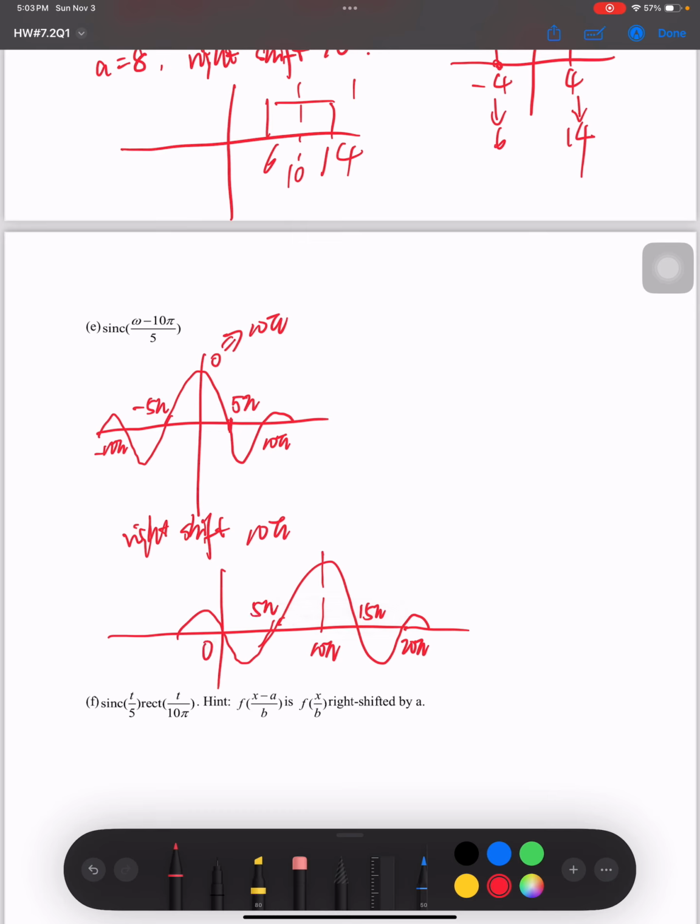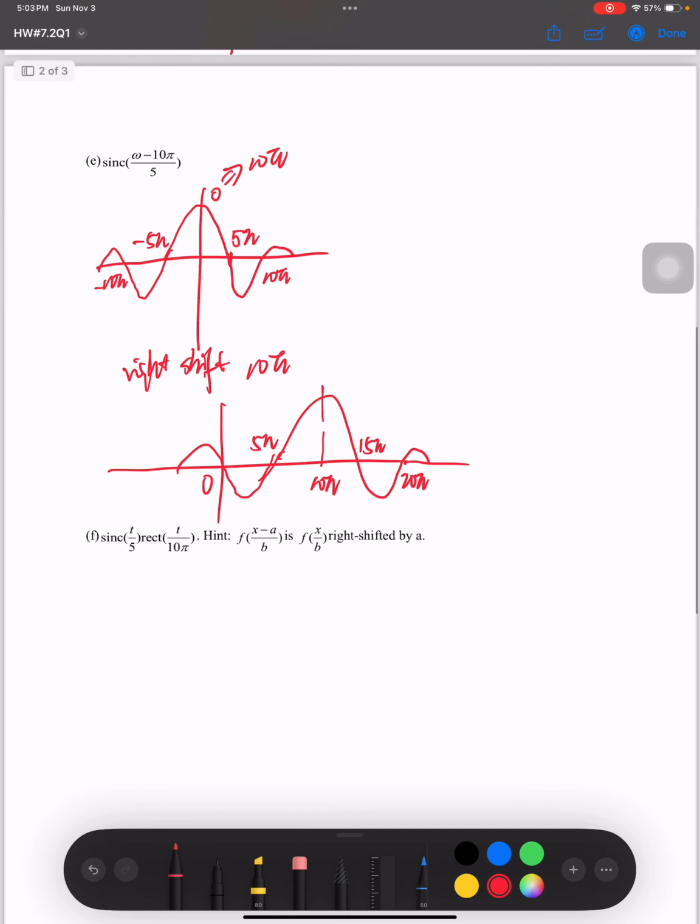Okay, so this is E, and for the F, it's basically like a filter. This is a filter, and this is a sinc function, and it's broader than the original.